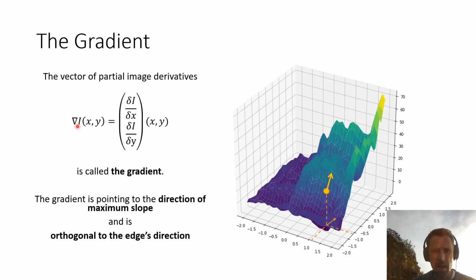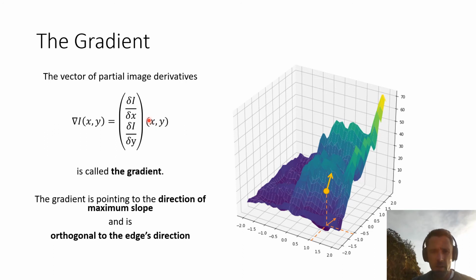So nabla I at an image location x and y is defined as a vector of 2 components. One is how much the image brightness changes when I change x, and how much the image changes along the y direction. Delta I over dx and dI over dy.